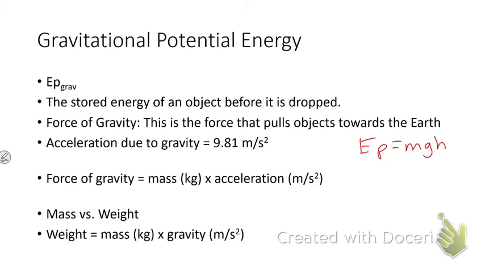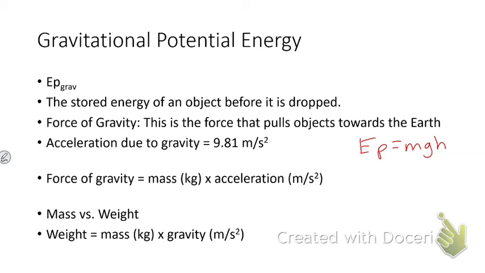If you wanted to find the force of gravity acting on you, you would multiply your mass by the acceleration due to gravity. You could find your weight in newtons if you actually wanted to do that.